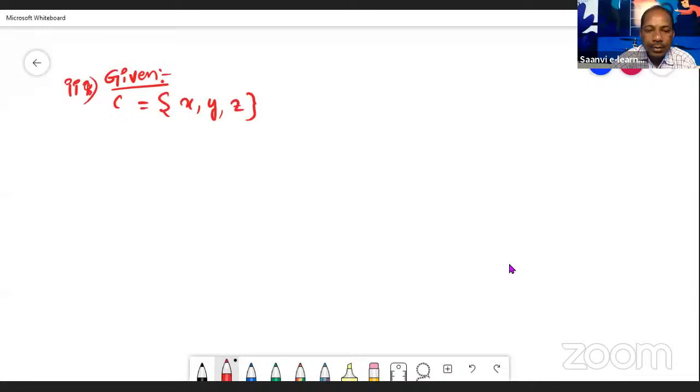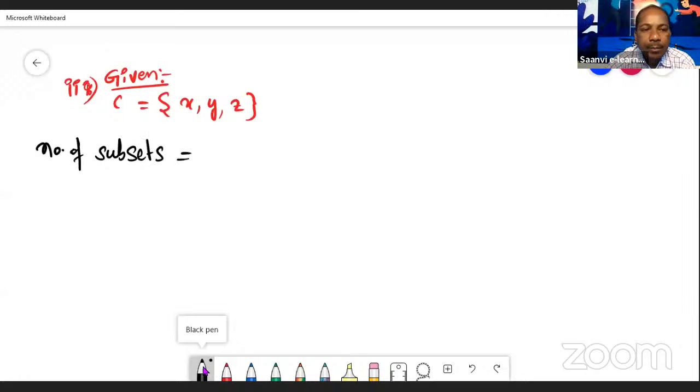Okay. So we all know that while writing subsets, according to definition of subset, first of all, we have to find the number of subsets. To find number of subsets, we have the formula 2 power n.